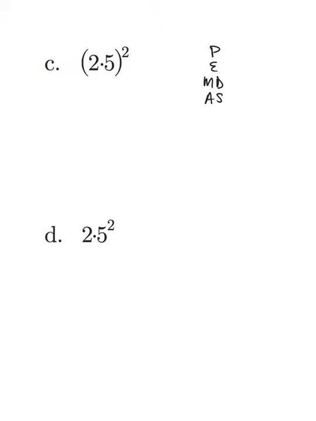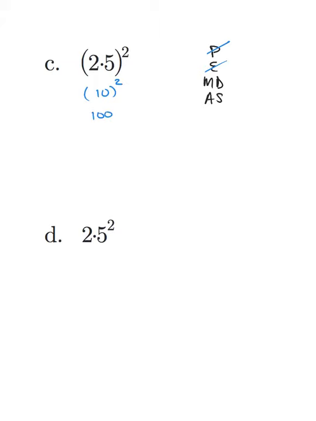I want to simplify inside parentheses. So 2 times 5 is 10. That gives us 10 squared. And now if we simplify the exponent, 10 squared is 100.